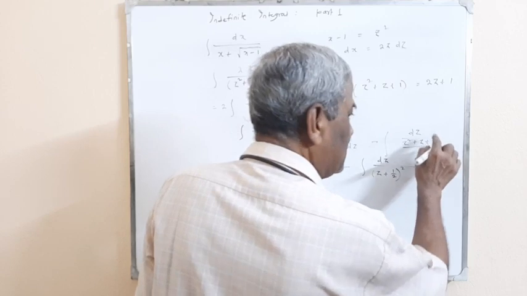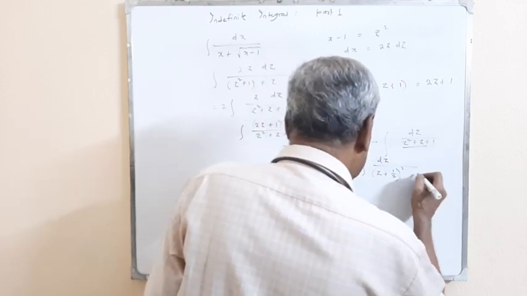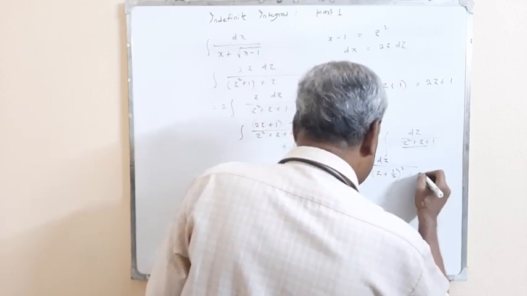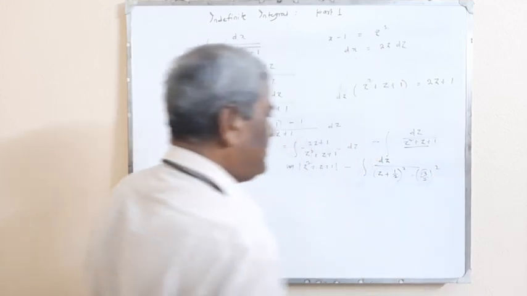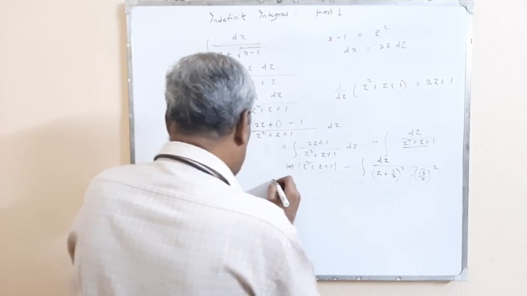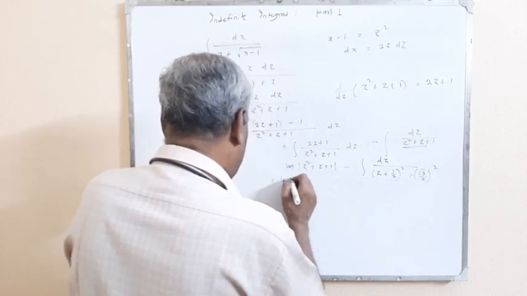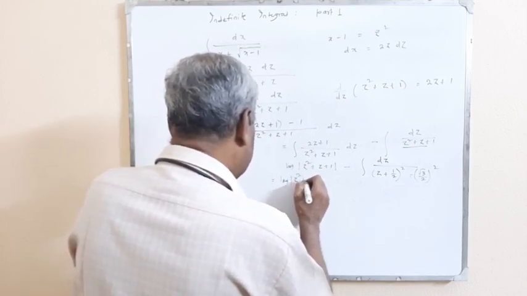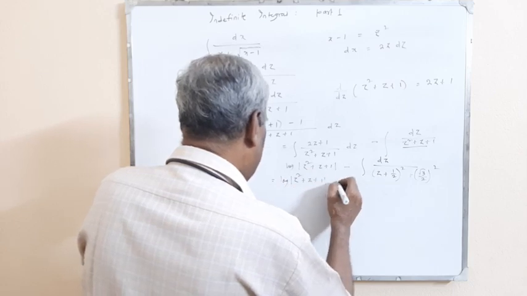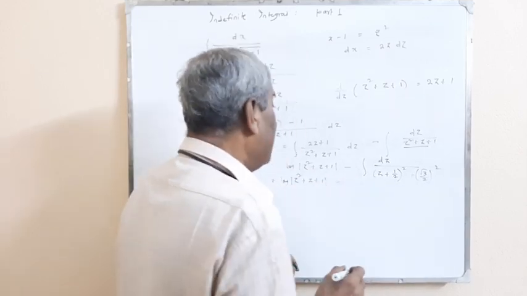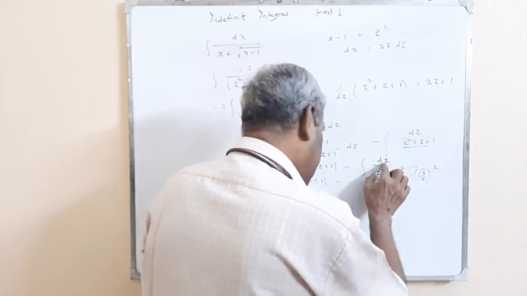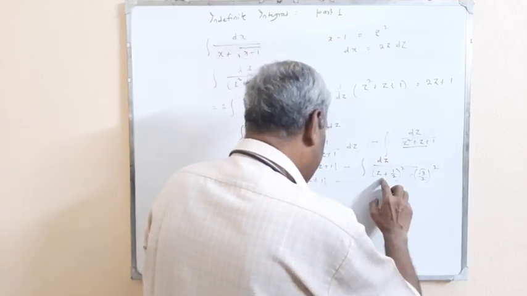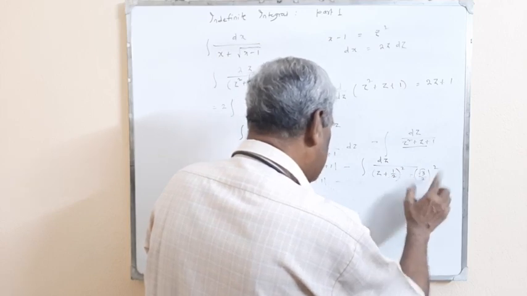But I have 1, so that 3 by 4 is there, that is root 3 by 2 whole square. So that it is equal to log of z square plus z plus 1 minus. It is now of the type dz by z plus a whole square plus b square.